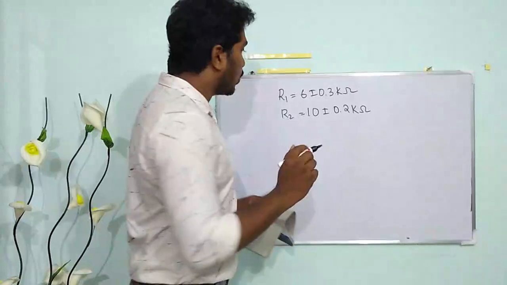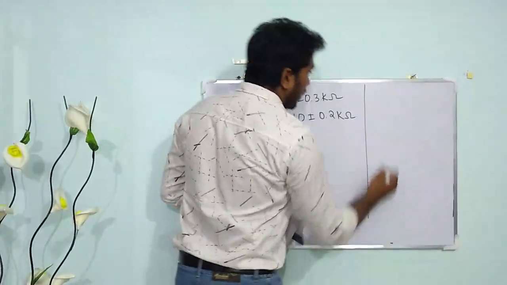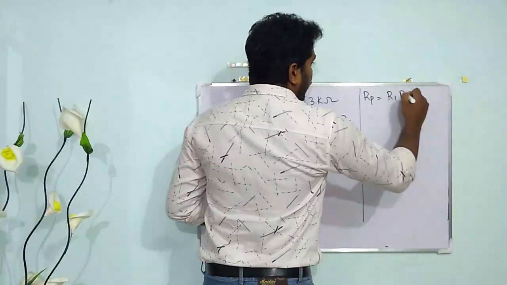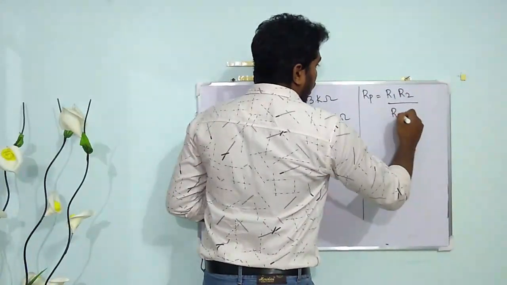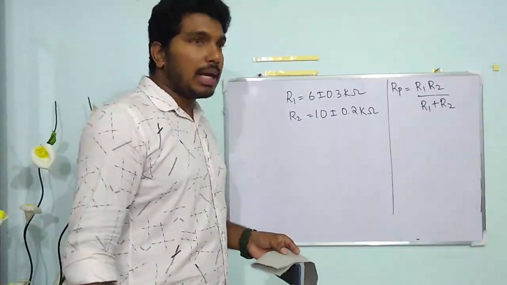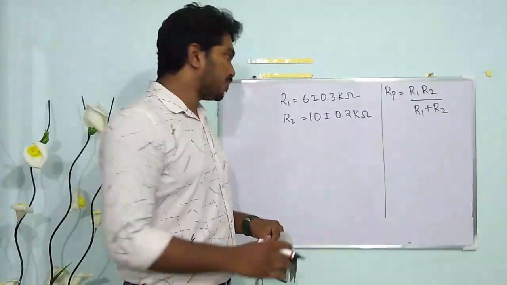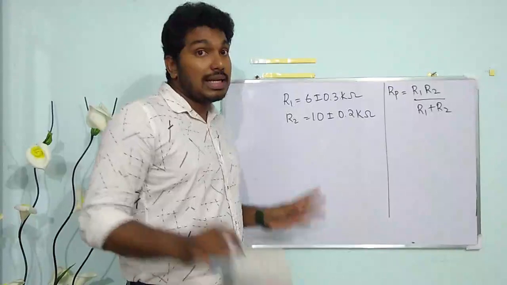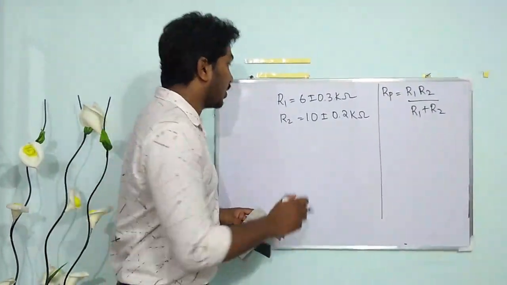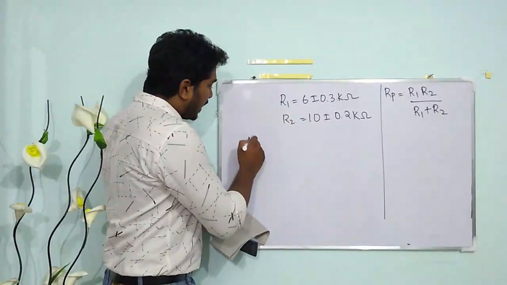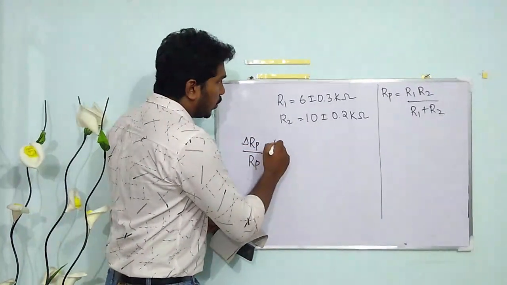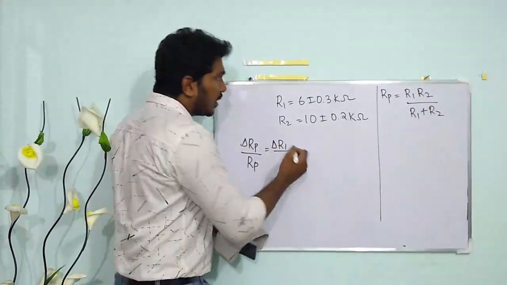We know that when two resistors are connected in parallel, equivalent RP is equal to R1 R2 divided by R1 plus R2. Here we are supposed to find the percentage error. So delta RP by RP will be equal to delta R1 by R1 plus delta R2 by R2 plus delta of R1 plus R2 divided by R1 plus R2.